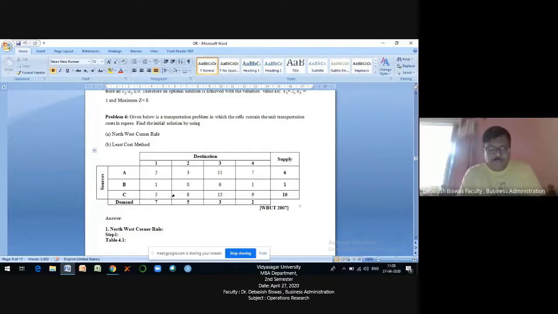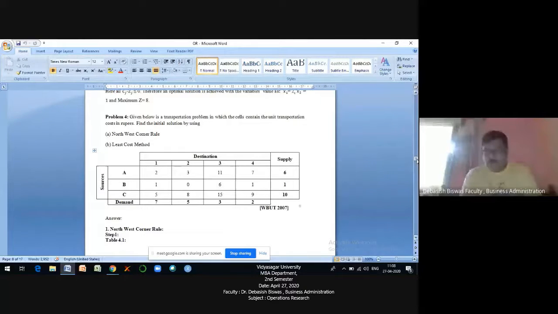After the completion of my class, you will be able to understand how to apply least cost method in order to solve a transportation problem. So this is our problem, and we are going to solve it.